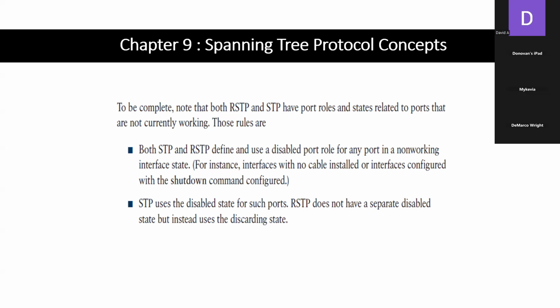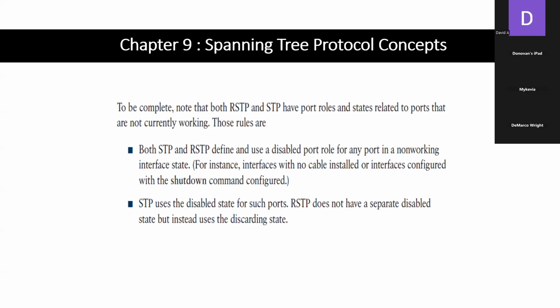So we talked about how Rapid Spanning Tree works a lot like regular Spanning Tree. It has that one difference, so it has a lot of similarities. But the big reason, the overriding reason, why Rapid Spanning Tree was created was convergence. Spanning Tree takes 50 seconds with default settings to converge.